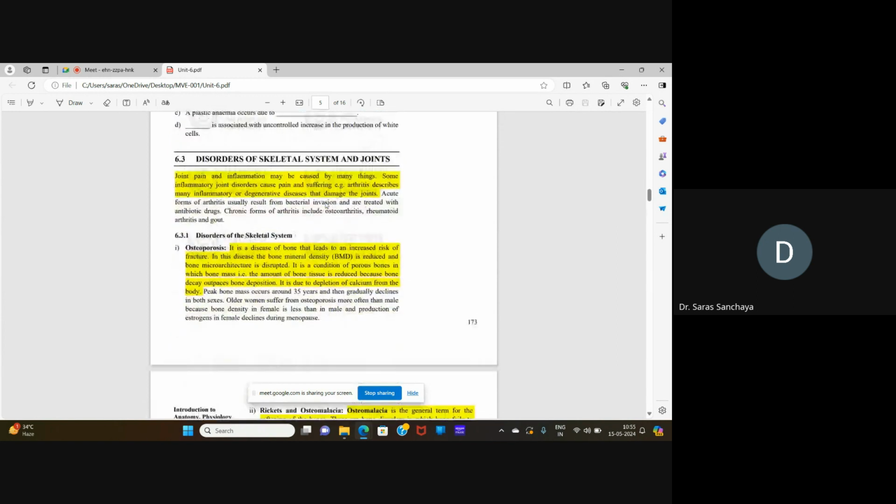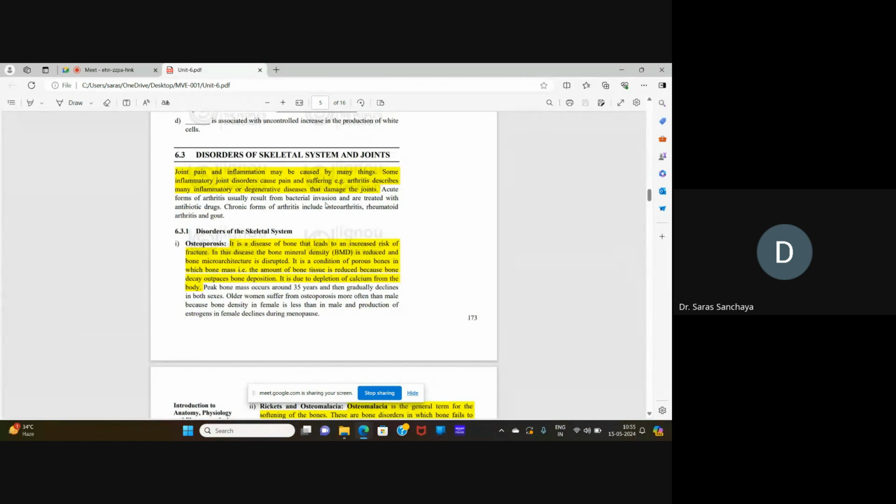Disorders of skeletal system and joints. Joint pain and inflammation may be caused by many things. Some inflammatory joint disorders cause pain and suffering. Example, arthritis, which describes many inflammatory or degenerative diseases that damage the joints.